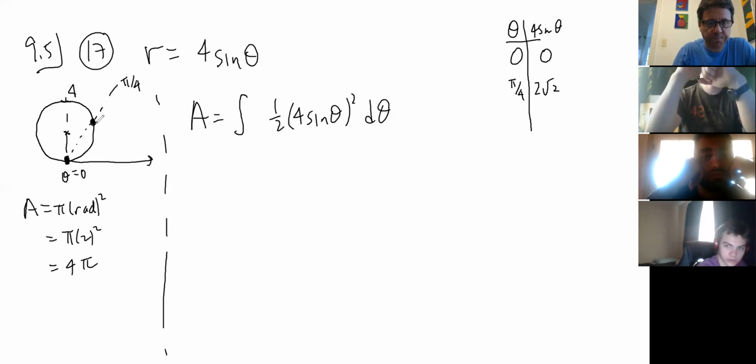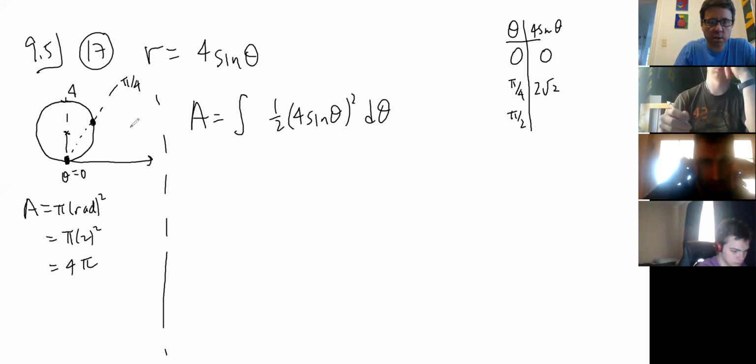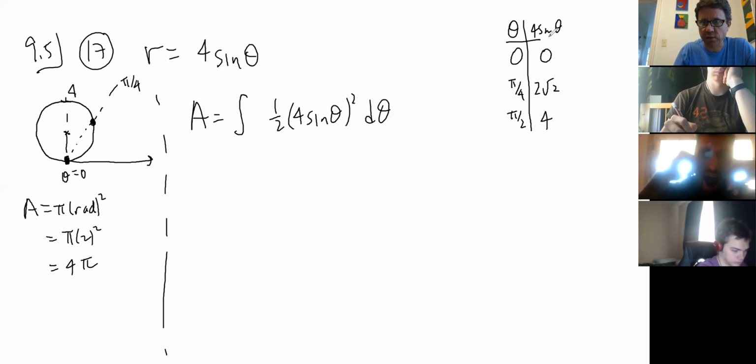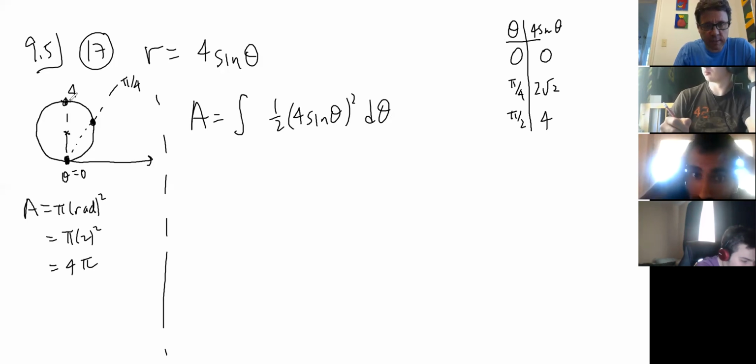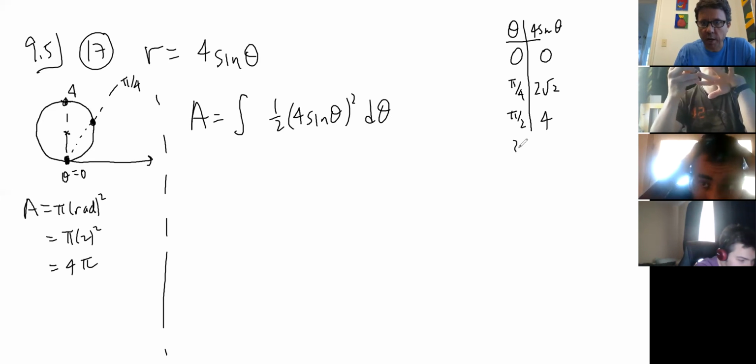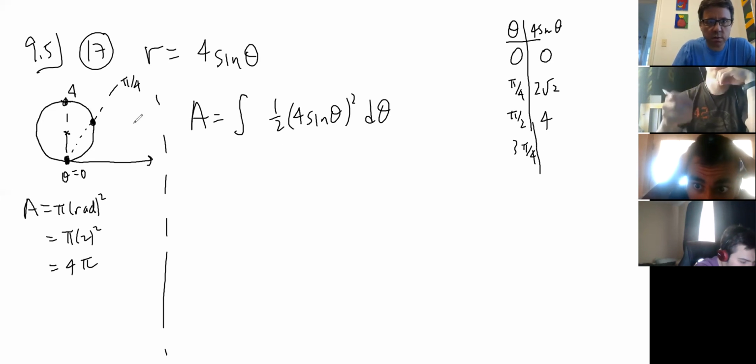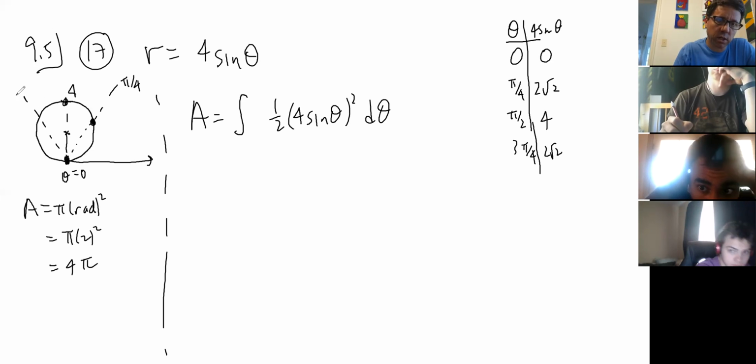So I'd be right there. At pi over 2, that's the easy one. Sine is 1, so that's 4. So I'm at the top at 90 degrees. If I go 3 pi over 4, I will also be at 2 square root 2, and that makes sense. I'm over here at 3 pi over 4.